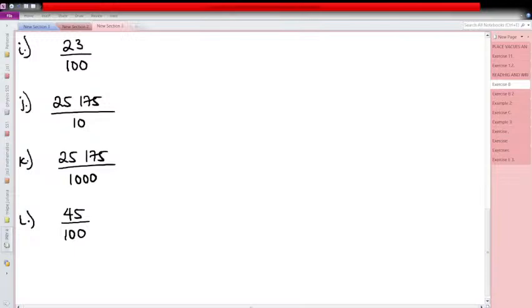J is wrong. That is 25,175 divided by 1,000. What would I give you? Move your decimal point. Move your decimal point 3 times to the left, and that gives you its equivalent. What happens to the 25,000 in front?